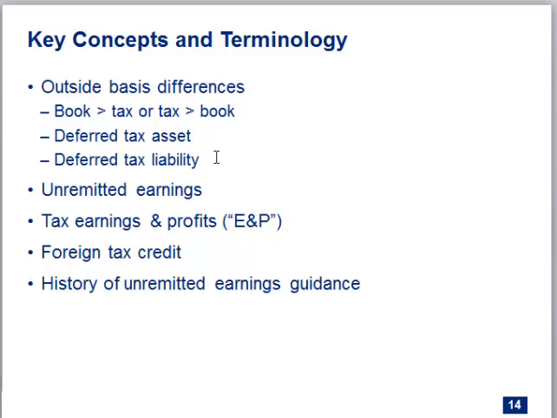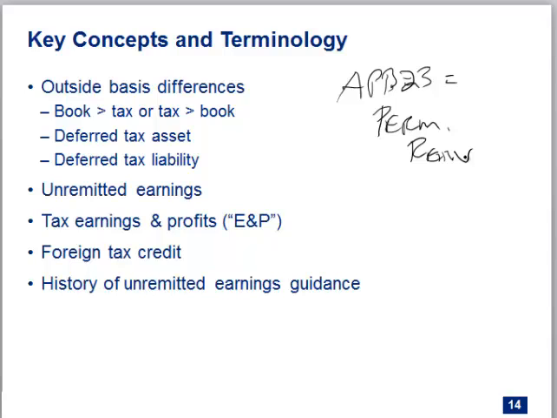People will often confuse terms here, but when somebody says APB 23, this is the main term I want you to think about. If they say the words, I'm APB 23, that basically means that they are permanently reinvested, which is code for I'm not bringing my foreign profits back to the US, I'm not accruing tax on that foreign profit.